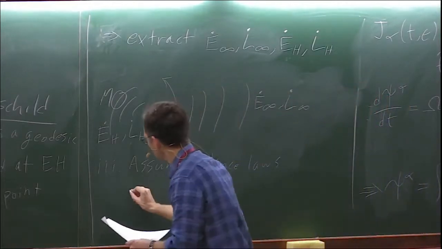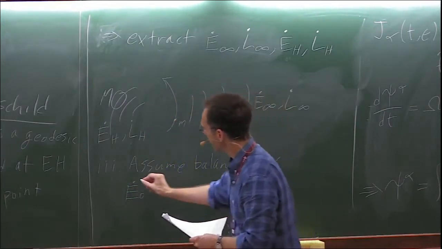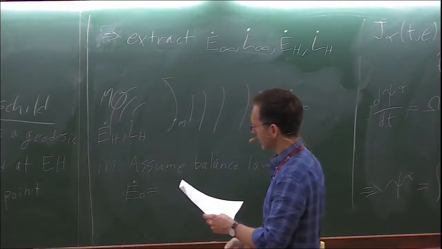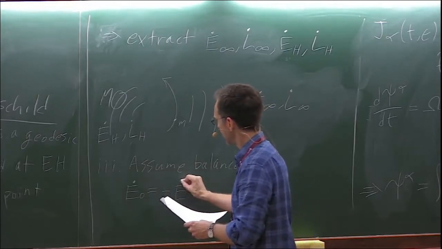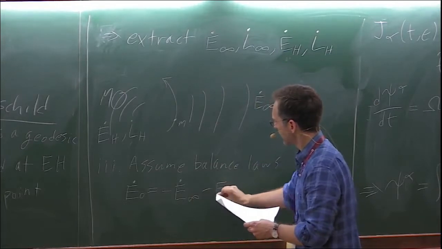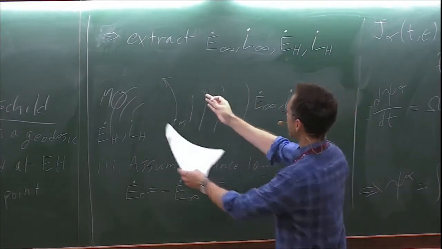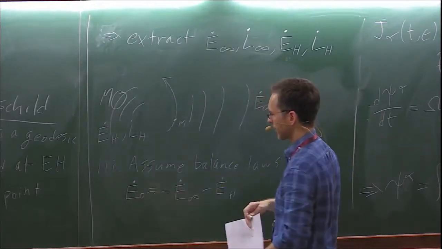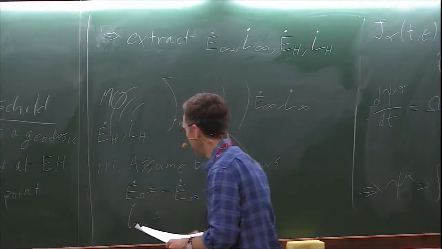So the balance laws are that the energy of the particle, how much it's changing, is just the opposite of the energy carried away from it in the form of gravitational waves. So anything that leaves this zone has to be coming from E0. And similarly for L0.